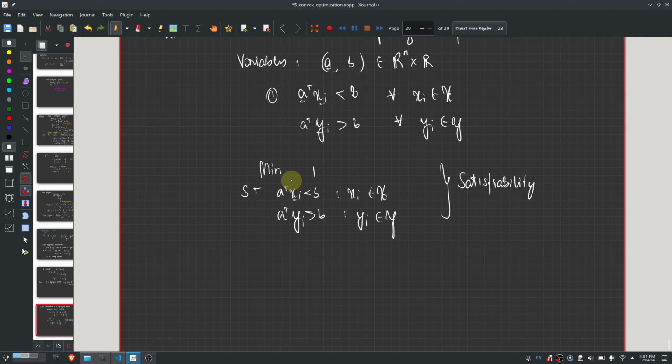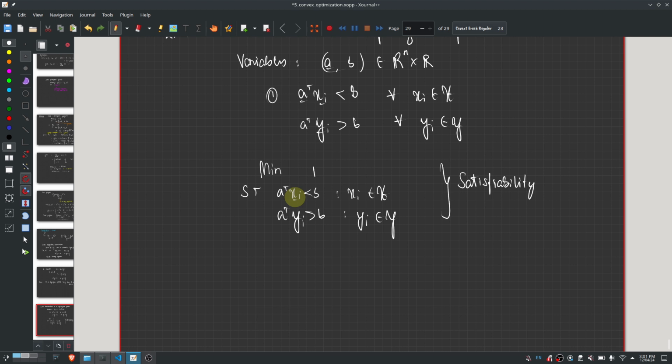In general, it's not possible, but in this special case, as it turns out, you can do something. So let's look at this constraint set. I want A transpose xi less than b, A transpose yi greater than b. In fact, the hyperplane is described by A transpose x equal to b, correct?